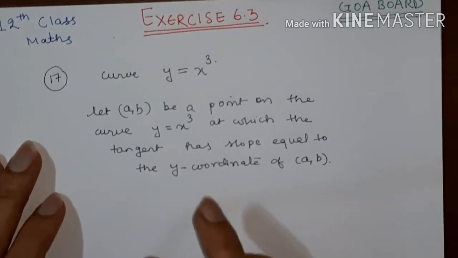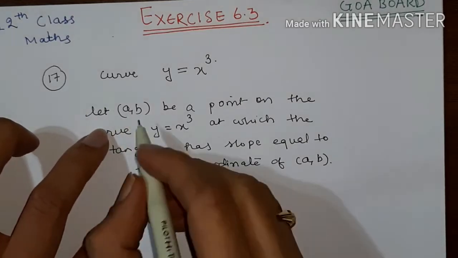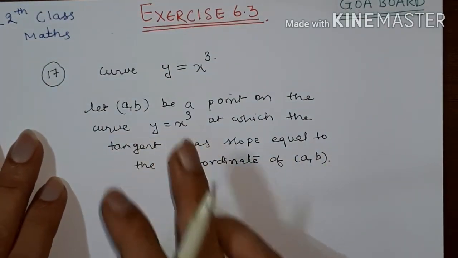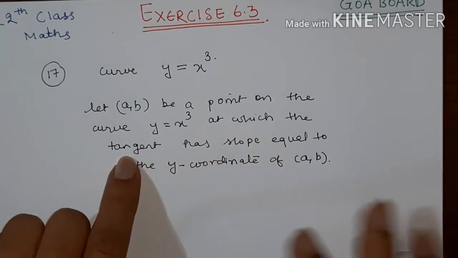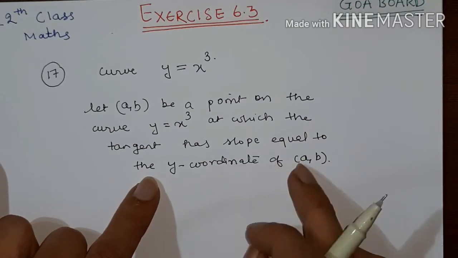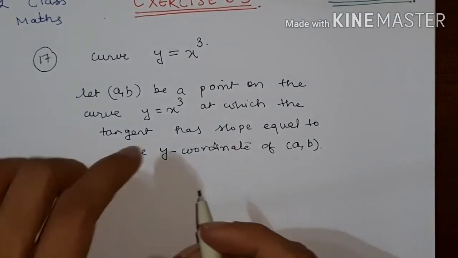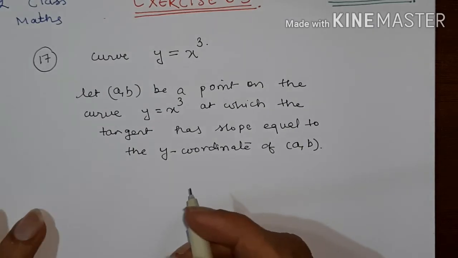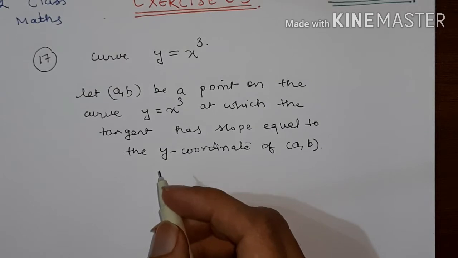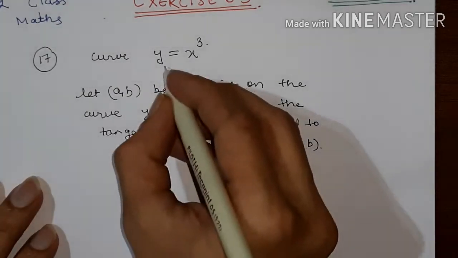So basically, you take the condition which is given to you. I have taken a point a comma b on the curve y equal to x cube at which the tangent has a slope equal to the y coordinate of a comma b. That is the condition given in the problem. Now just find dy by dx of this function.